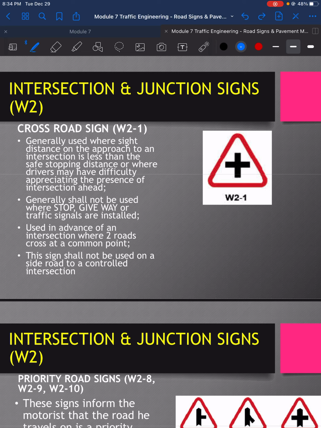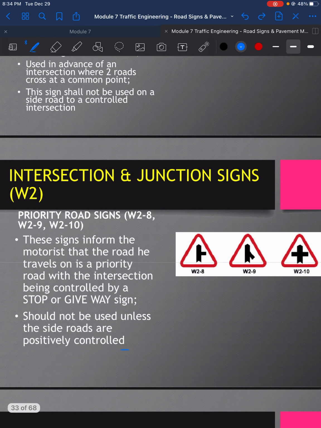Generally, shall not be used where stop, give way, or traffic signals are installed. So, huwag mo nang gagamitin to kung meron na tong dalawang to. Okay. Use in advance of an intersection where two roads cross at a common point. This sign shall not be used on a side road to a controlled intersection.